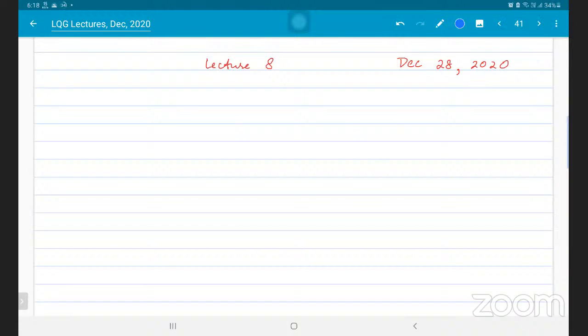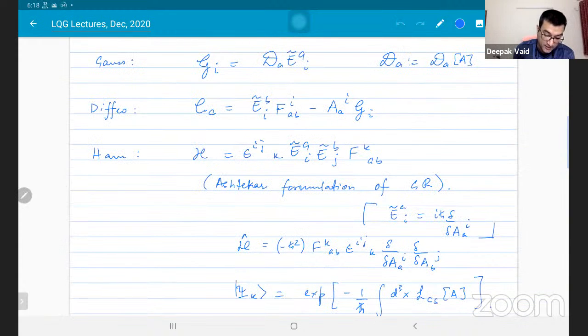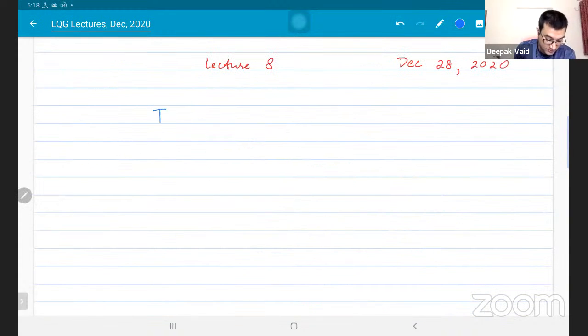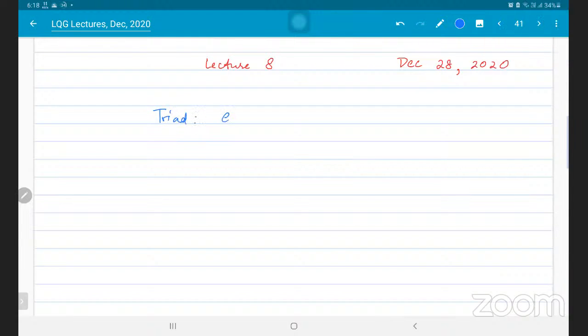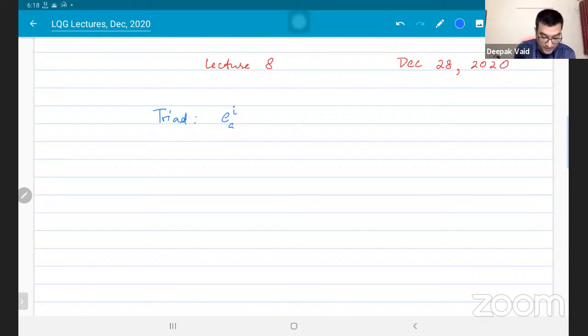Okay. Can you remind me again, what is the co-triad? Okay, so you have the triad, which is an SU(2)-valued one form. This is a spatial index, a equal to 1, 2, 3, which takes values in the spacetime manifold. This is an SU(2) Lie algebra index.